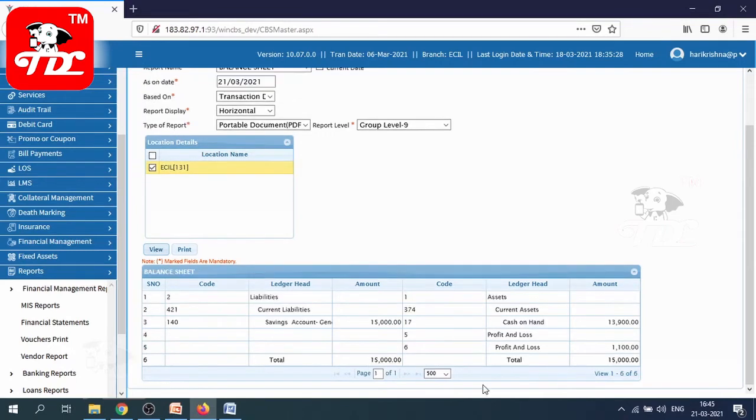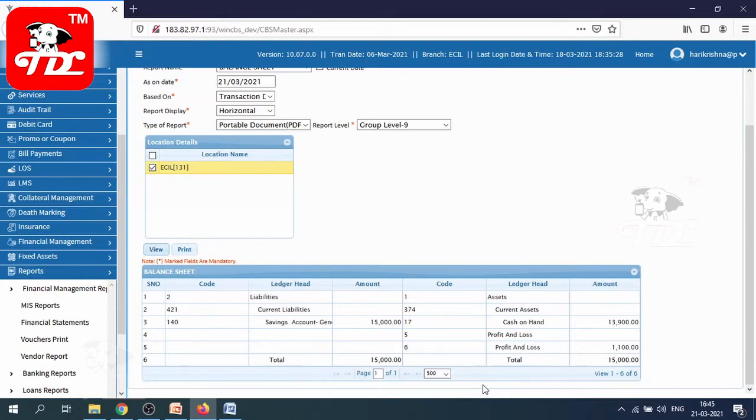Previously it was 15,000. Because it is an expense, it impacts only the profit and loss account. In the balance sheet you can see a loss of 1100 rupees, because there are 1100 expenses and no income, so it will be a loss.